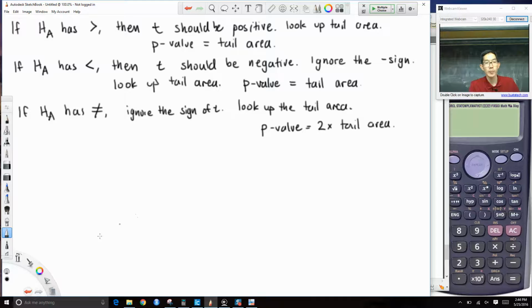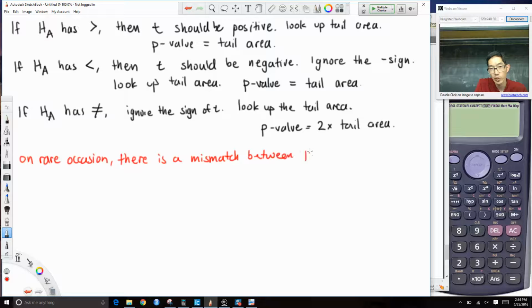All right. And then I'm going to put a little note: on rare occasion, there is a mismatch between the alternative and the sign of t.